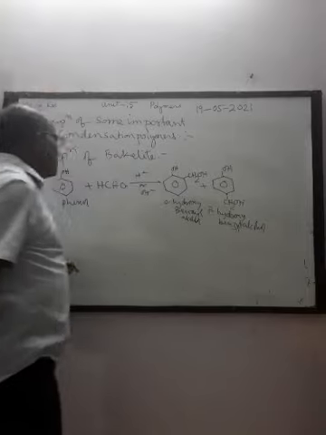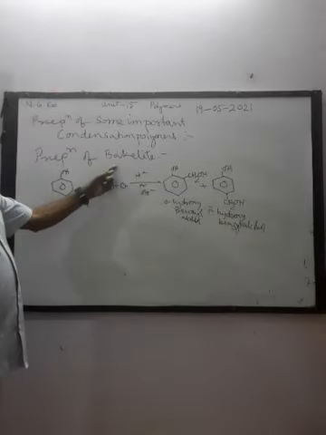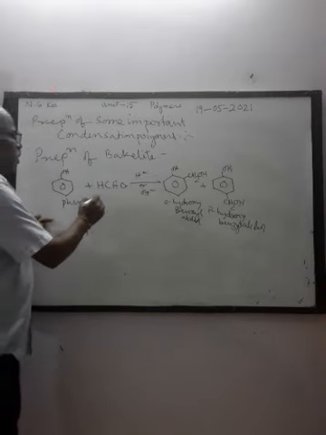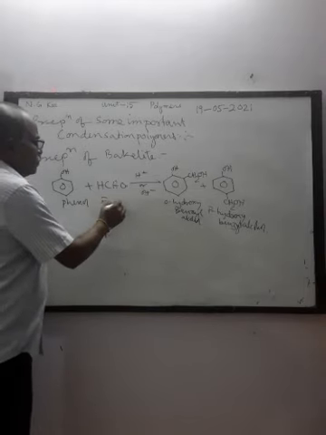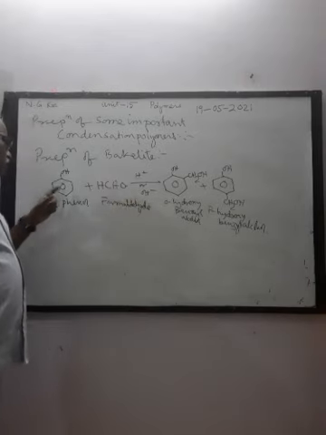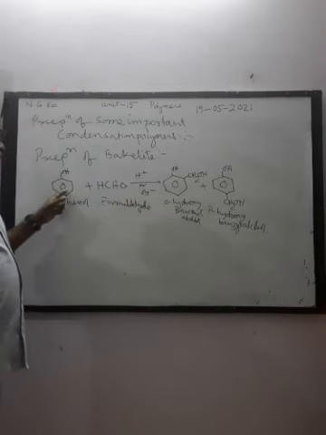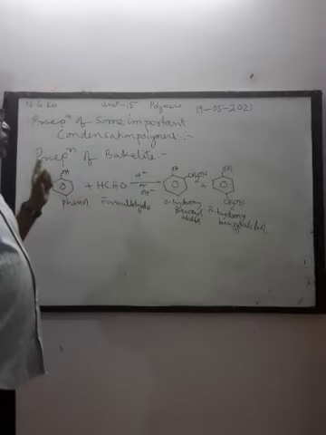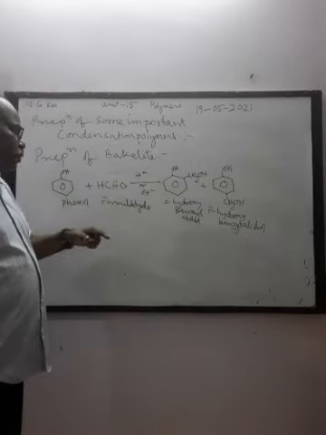So during preparation of bakelite, condensation takes place between phenol and formaldehyde. Originally both have a single functional group, but bifunctional groups are essential for condensation polymerization.